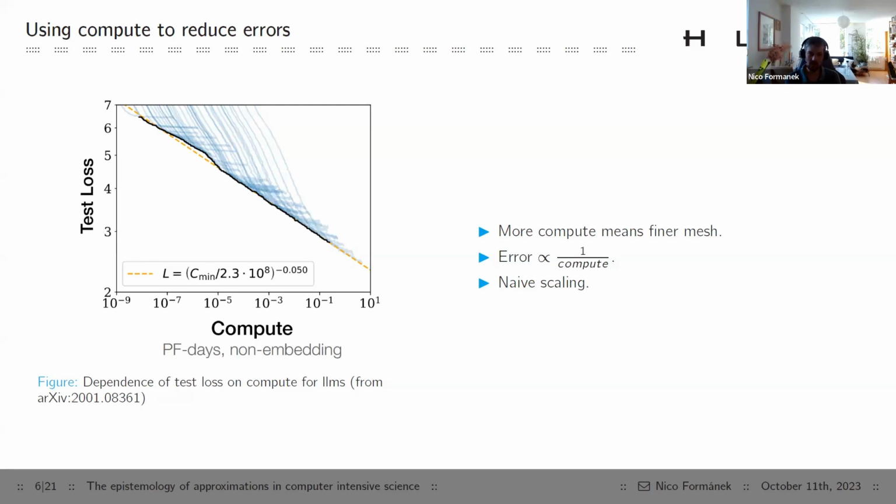But what you can see here is that the test loss, which is an error, right? The error you make with your neural net in a certain task, which is not specified here, goes down with the more compute you put in. The more compute, the smaller your error is. So it suggests that there's some kind of inverse function of compute.